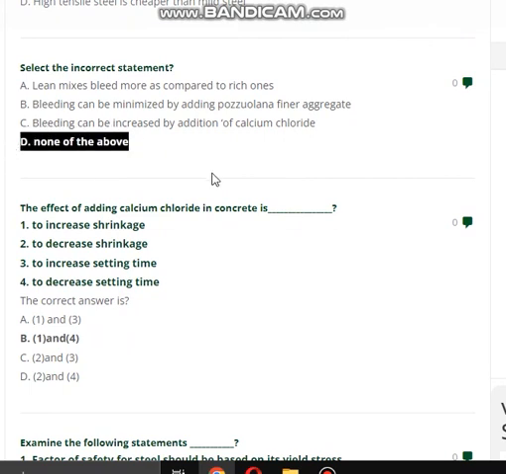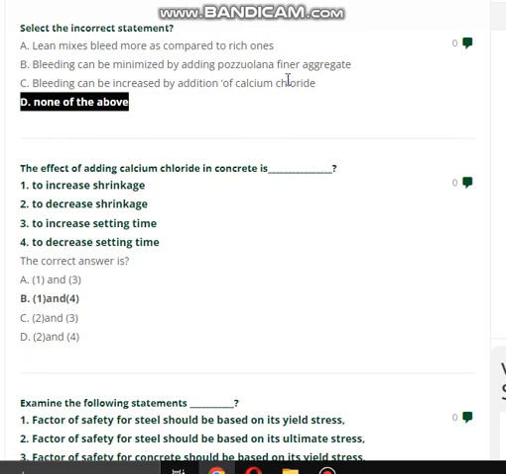None of these, all are correct. Lean mix bleeds more as compared to rich one. Bleeding can be reduced by adding pozzolana or finer aggregate. Bleeding can be increased by addition of calcium chloride. The effect of adding calcium chloride in concrete is to increase shrinkage and decrease setting time.